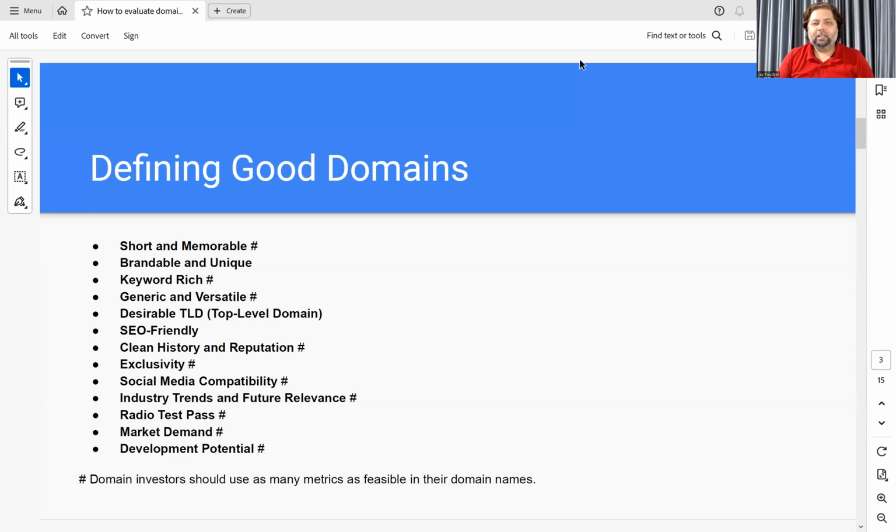Perfect. See, technically speaking, whenever I say SEO friendly domains, I'm not speaking technically. Technically, what Google or other experts say is that they treat every domain in the same manner as far as indexing is concerned. So then what is an SEO friendly domain?